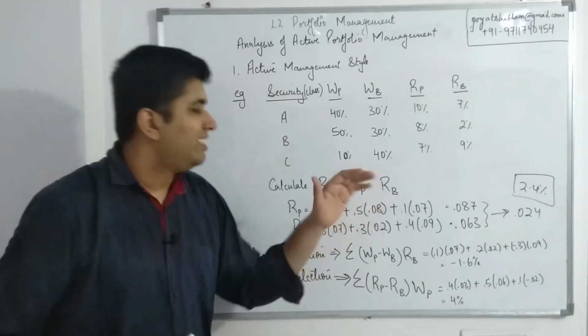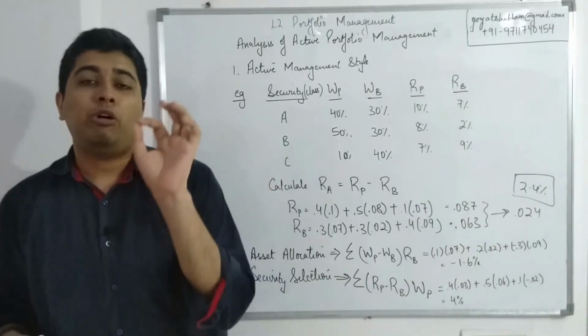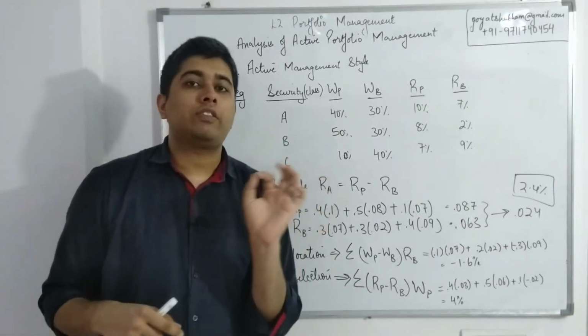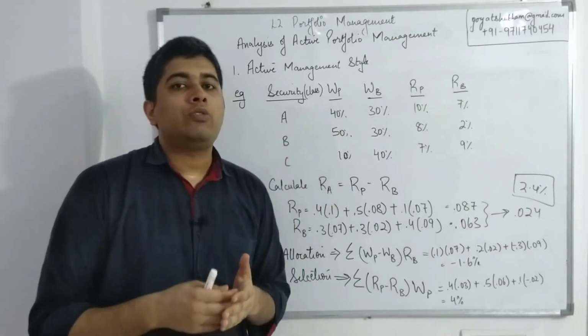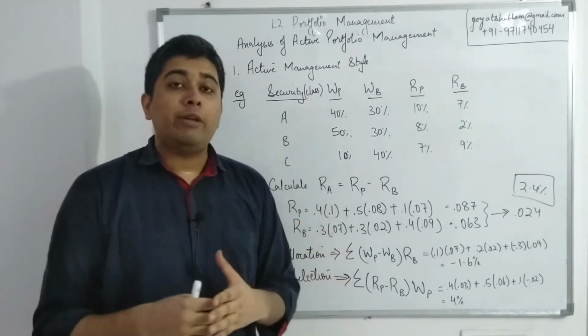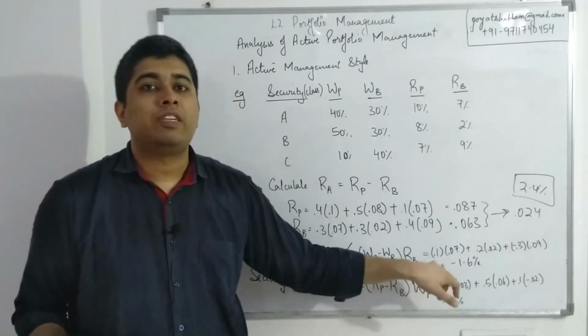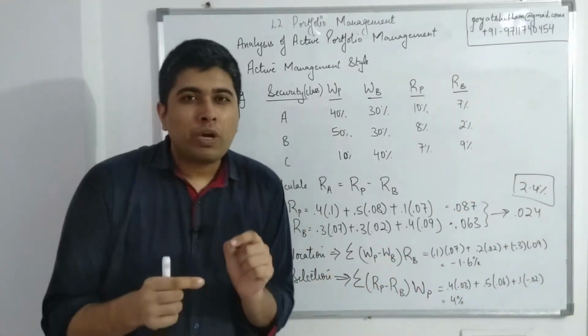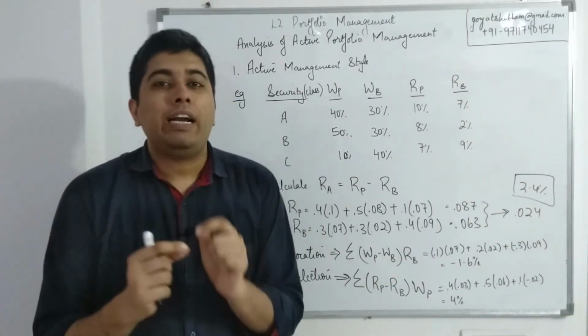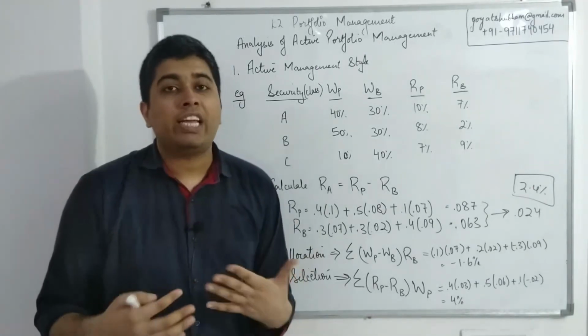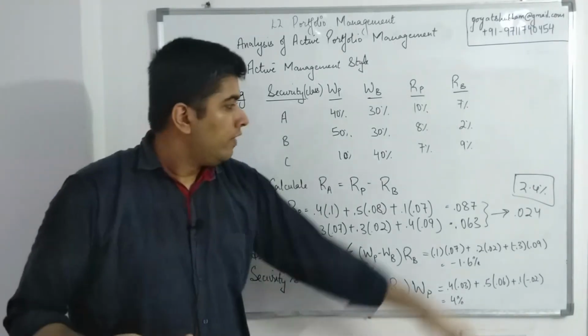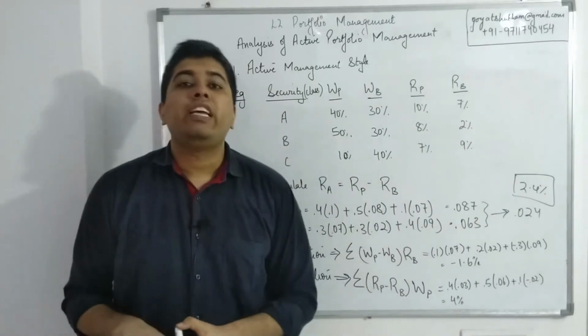This analysis is not just concerned with breaking down where the return is coming from. It is also trying to pick out the areas where improvements can be made. So this negative 1.6% is saying I lost 1.6% due to my bad asset allocation. If in the future I can improve my asset allocation, that would increase this 2.4% even further.